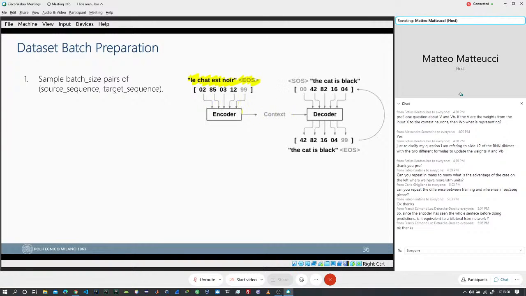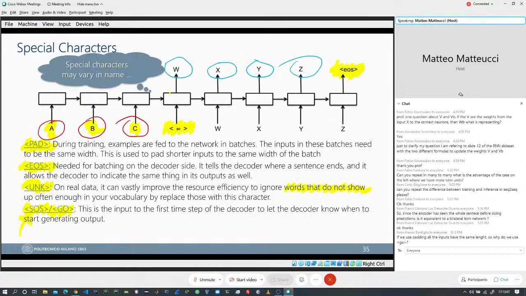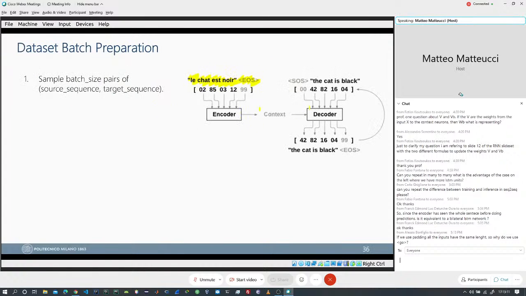This sequence gets encoded. Encoding means to generate this internal state, and then this is decoded into a sentence, which is the cat is black, which is the translation of the first sequence.